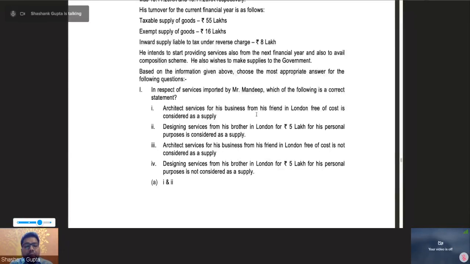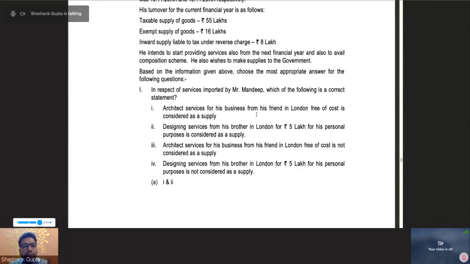The second statement is designing services from his brother in London for rupees 5 lakh for his personal purposes is considered as a supply. Now with respect to import of service, we had also discussed that there is an exception for supply, and that exception is that even if import of service is not in the course or furtherance of business, even then it will be termed as supply, but if there is a consideration.